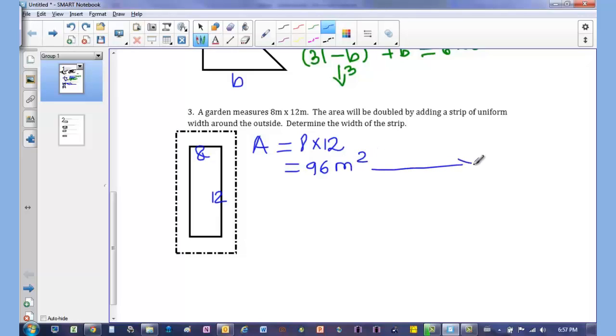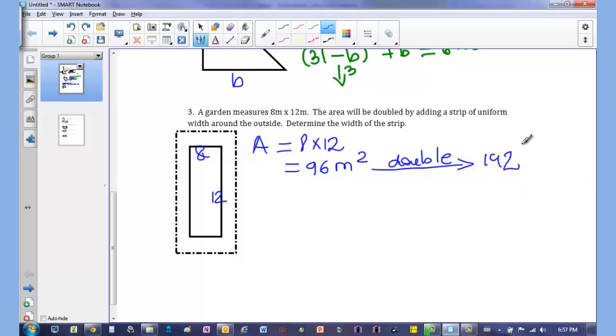If I am to double this area, I will get a bigger garden that's going to measure 192 square meters. I apologize, my pen is not working all that well right now, so it's producing all sorts of squiggly lines.